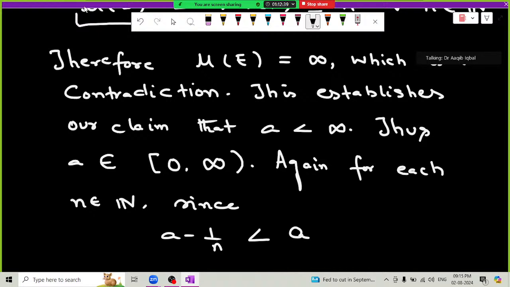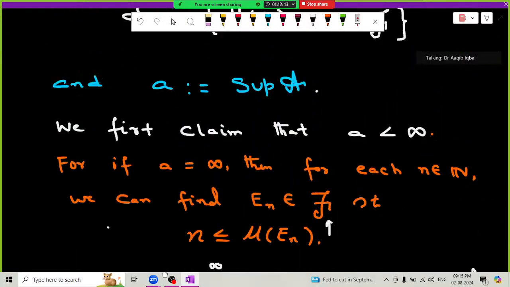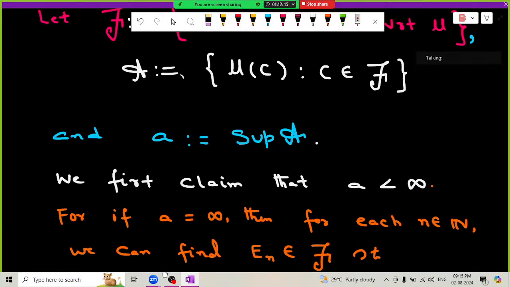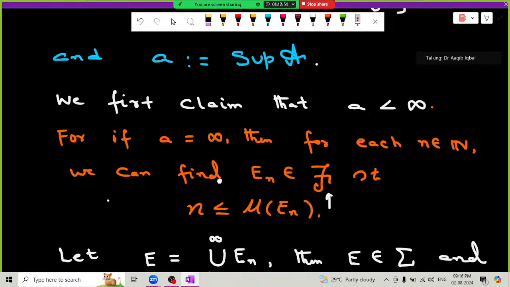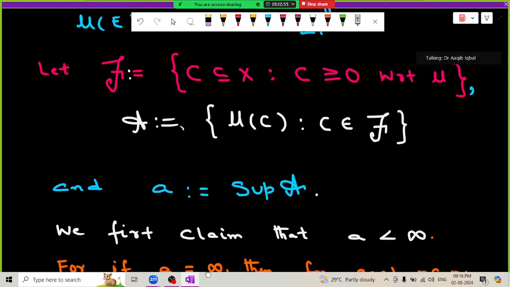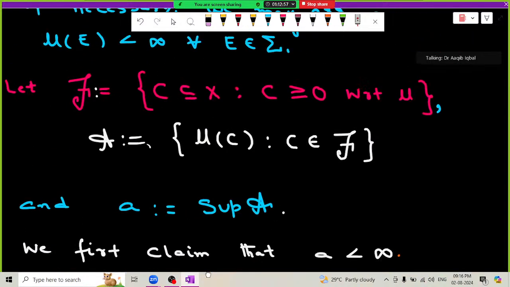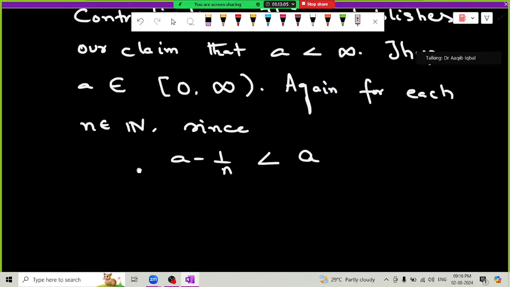upper bound नहीं हो सकता. किसका upper bound नहीं हो सकता? जिसका sup a है. That means ये quantity जो है a minus 1 by n, it cannot be an upper bound for script a. तो क्या होगा? एक एलिमेंट होगा स्क्रिप्ट a में, और दिस एक्चुअली अमाउंट्स टू सेइंग दैट देयर इज एन एलिमेंट इन फैंसी f. मैं यही अब लिख रहा हूँ.